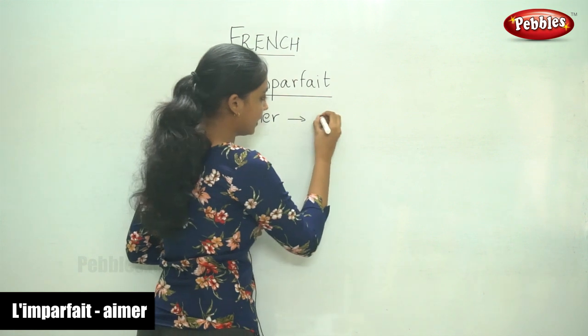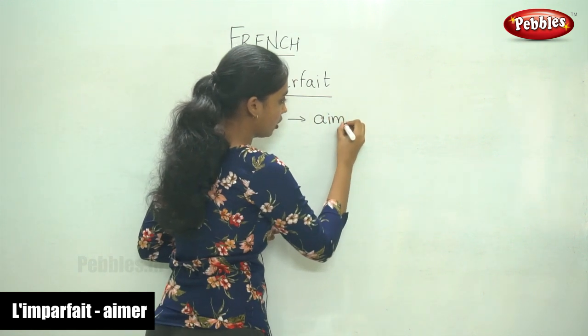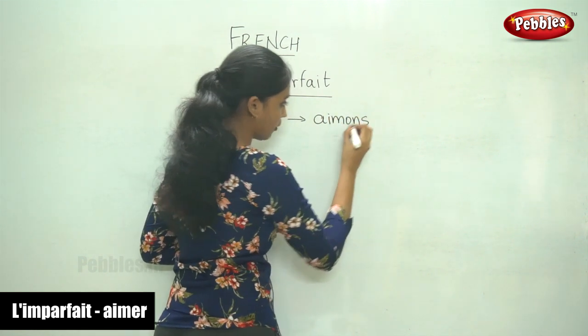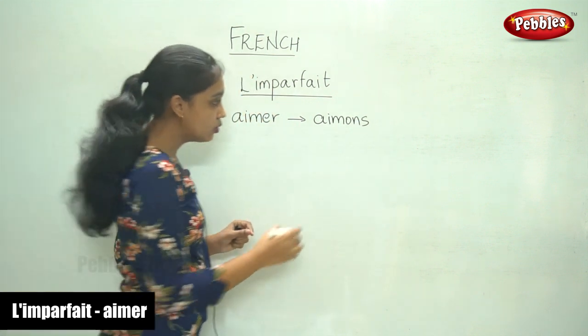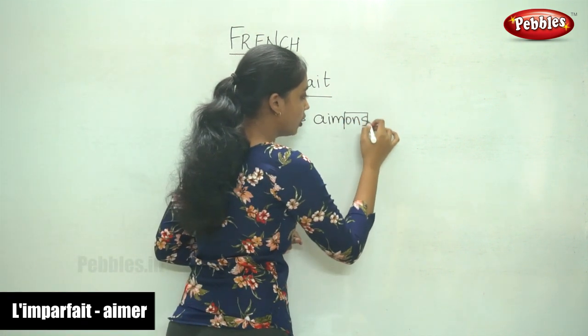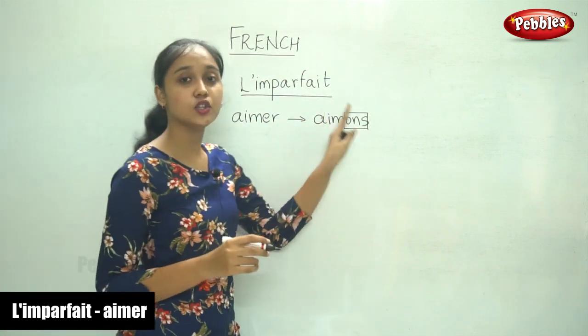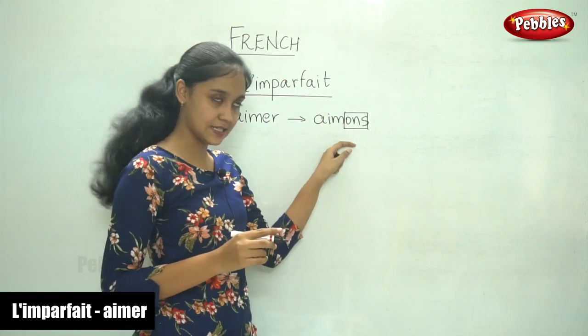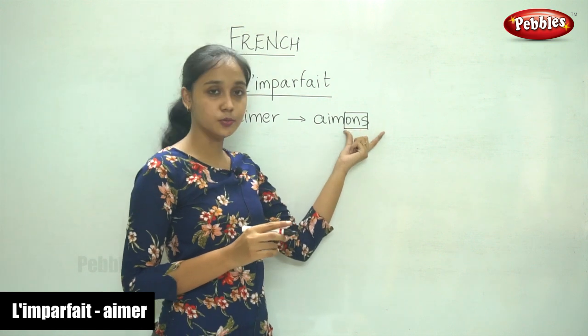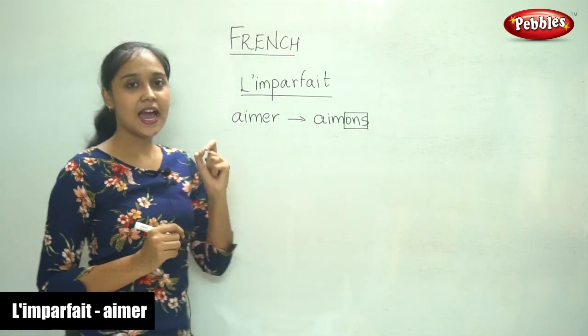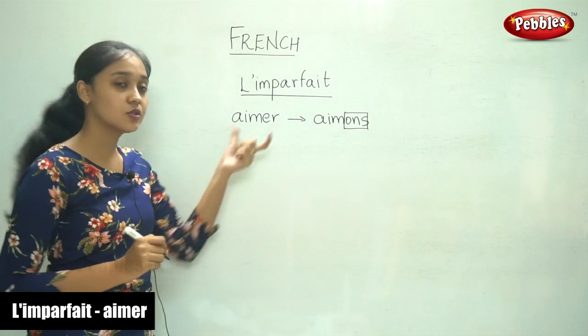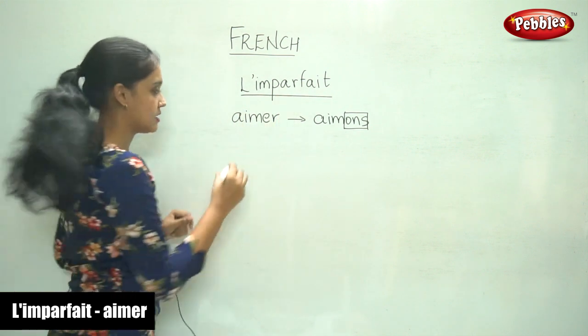So, for aimer, it is aimons. Now, you have to remove the ending ons. So you have to take the nous conjugation in the present tense and then remove ons and add the following endings. So these are the imparfait endings.